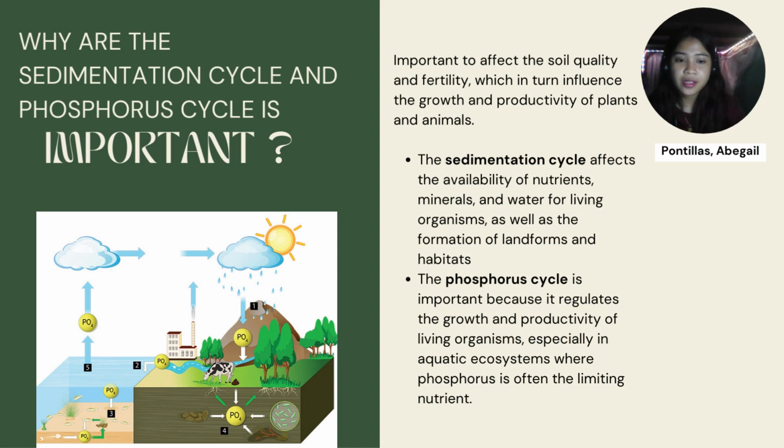While the phosphorus cycle can provide plants with phosphate ions, which are essential for their metabolism and development, it can also limit plant growth if the phosphate ions are not available or are bound to other substances in the soil. Therefore, both cycles, the sedimentation cycle and phosphorus cycle, need to be balanced and maintained for a healthy and sustainable land ecosystem.